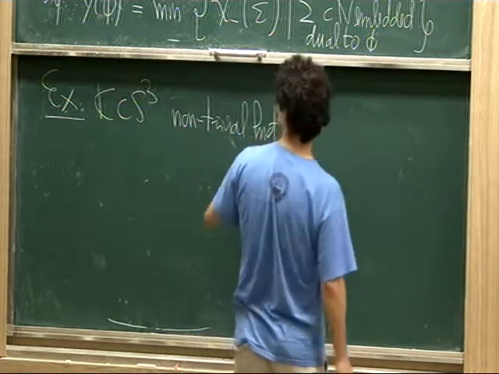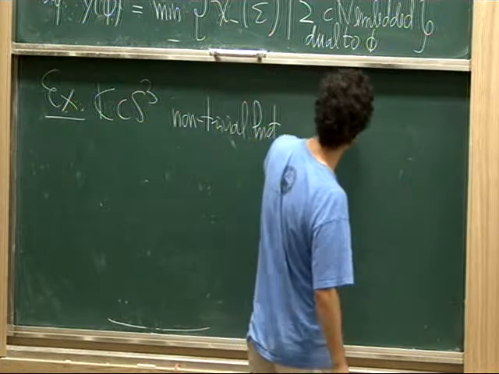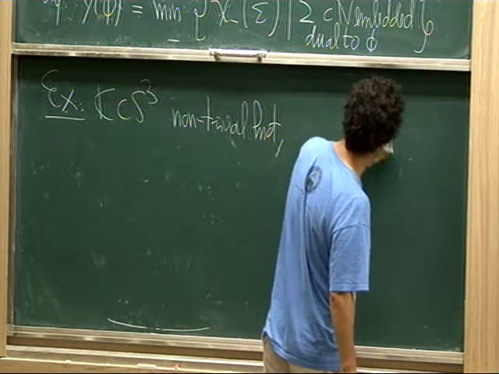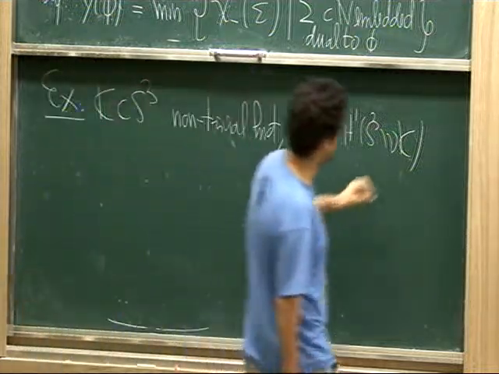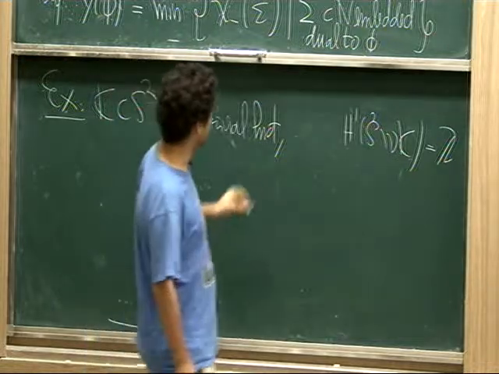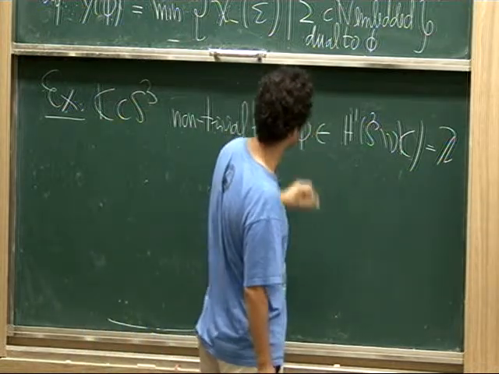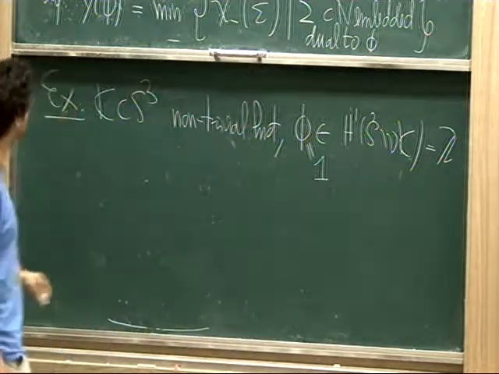Then let's look at the exterior. So H^1 of S^3 minus a tubular neighborhood of K is just Z by Alexander duality. And let's take phi to be a generator of H^1.